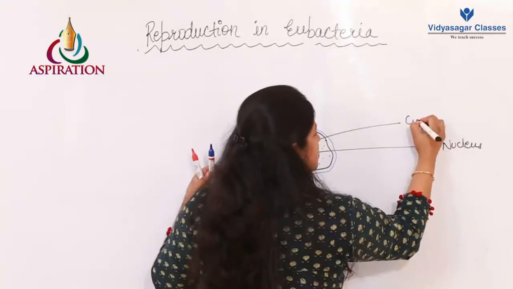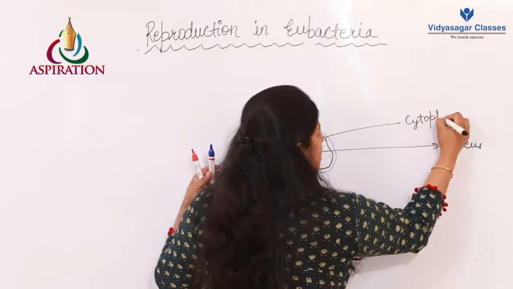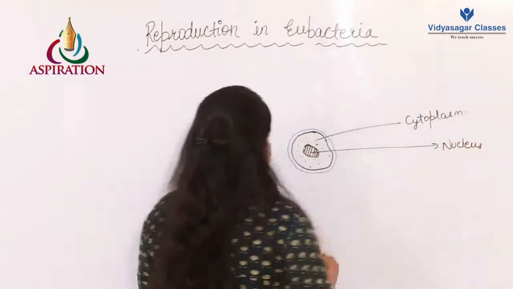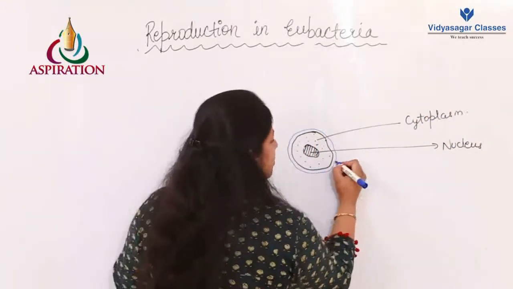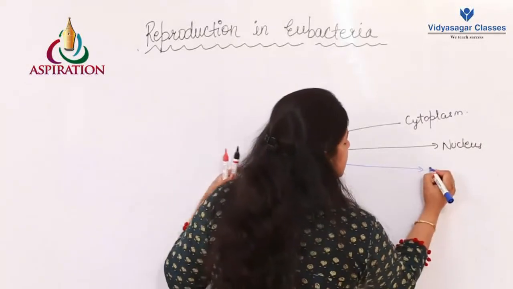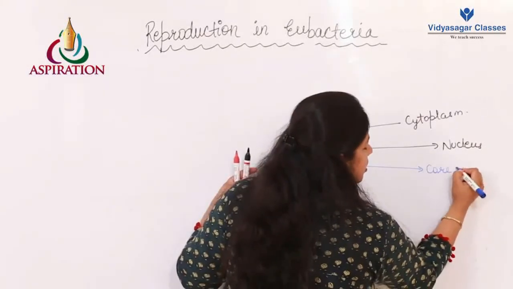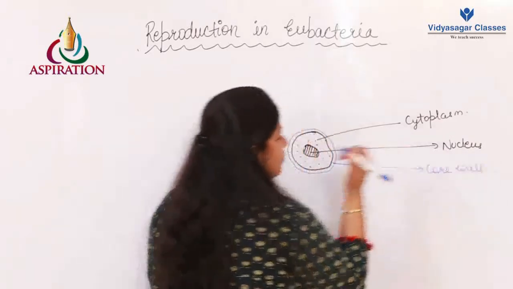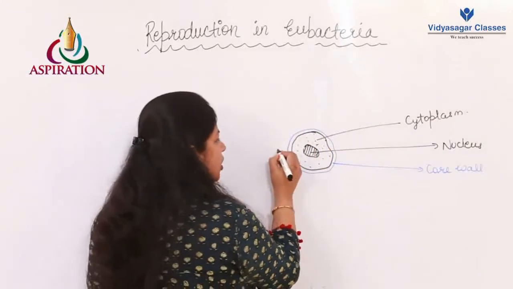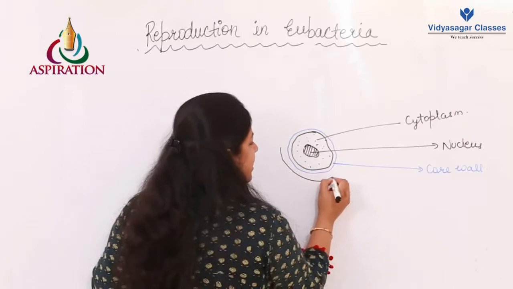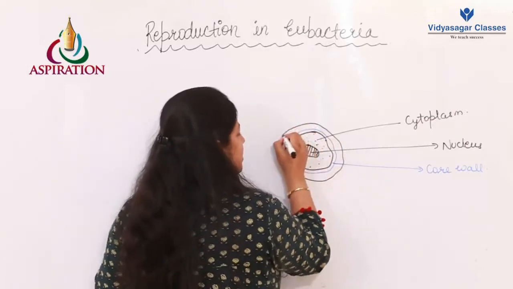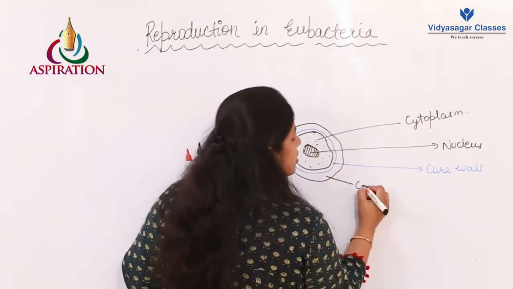Outer to the cytoplasm, a layer is present which is known as the core wall. Around the core wall, again a layer is present which is known as the cortex.